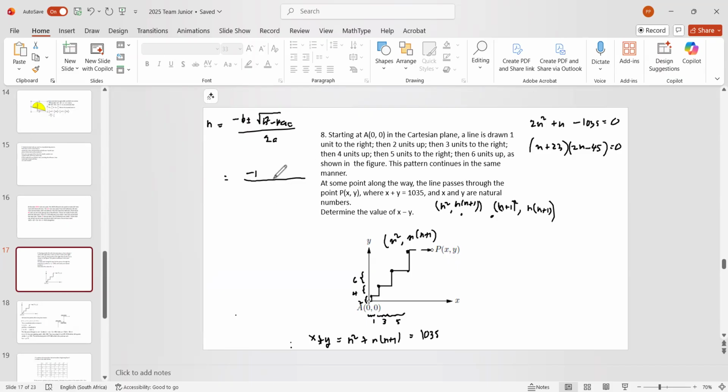So minus b is minus 1 plus or minus the square root of b squared, b is 1, so it's 1 squared minus 4 times a is 2. And c is negative 1035.